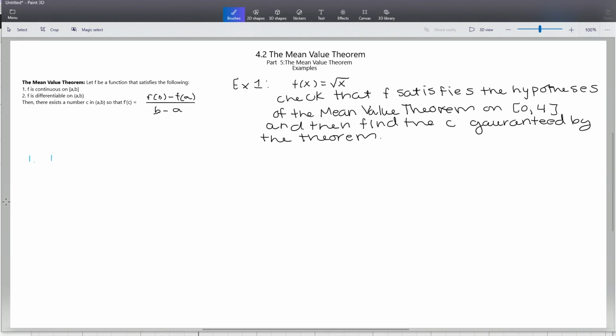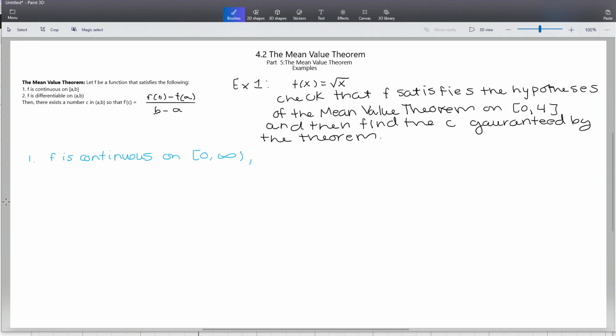So we want to say that f is continuous on what interval? This function is continuous on the interval 0 to infinity.